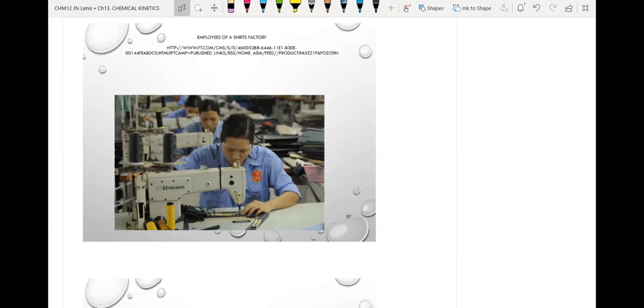So the whole production, the speed of making shirts, will depend on the speed of this worker. And that's what we call the speed limiting. For a reaction, it will be the speed limiting step.